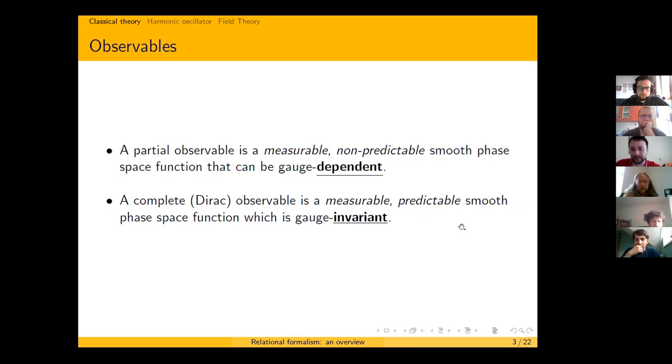Can you mention something which is not measurable? Well, okay. Not measurable by some device, or what do you mean? Well, I guess I'll get to this in the example of the harmonic oscillator. But as an introduction, take the time t and the position q of a particle.